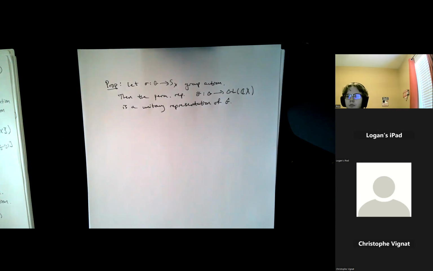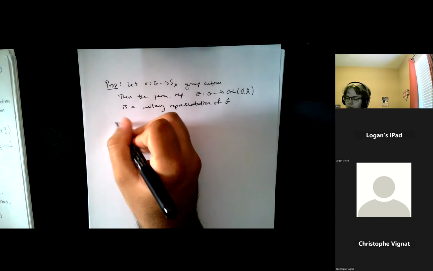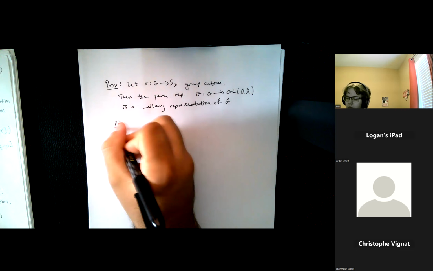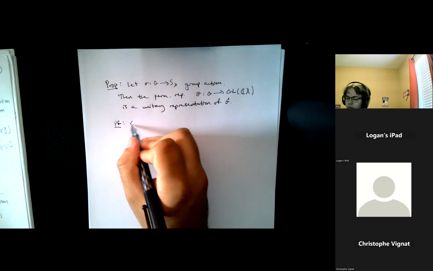Okay, so as I was saying, I want to prove this proposition that just says that the permutation representation is in fact a unitary representation of G. Okay, and the proof is really simple. You just do the calculation.